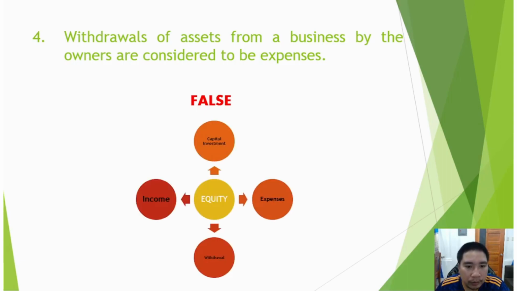Although they are both components of our equity element, and they both decrease the total balance of our equity, they actually are very different in the sense that withdrawals directly decrease your capital account or your capital investment, while expenses affect your equity by virtue of its behavior towards your revenue or your income.